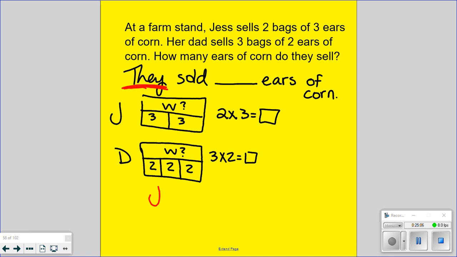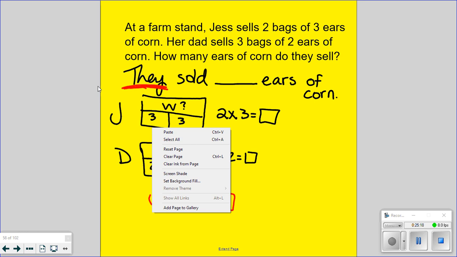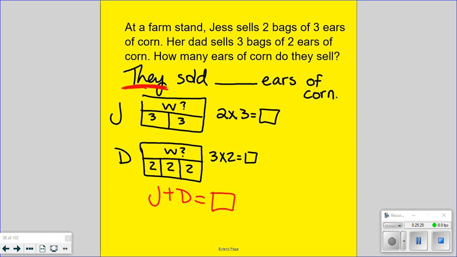So I need Jess and Dad to get my total. What equation works for Jess? Jalen? 2 times 3. 2 groups of 3. There's Jess's section.